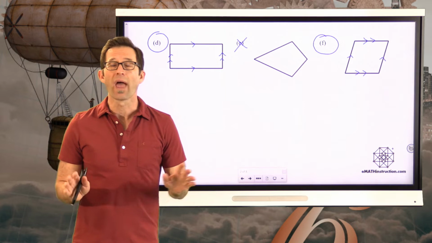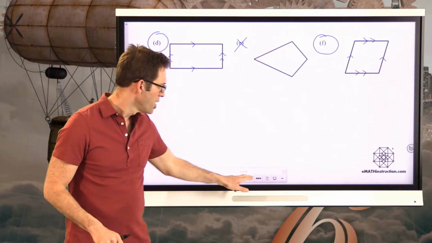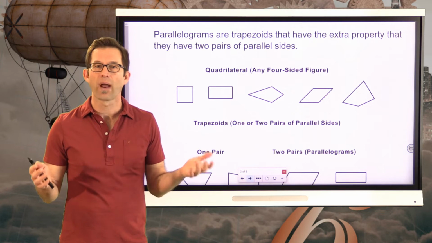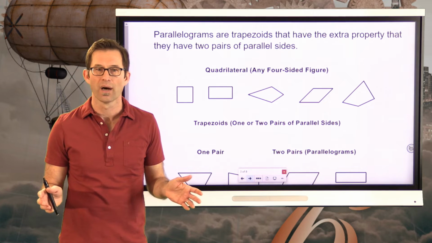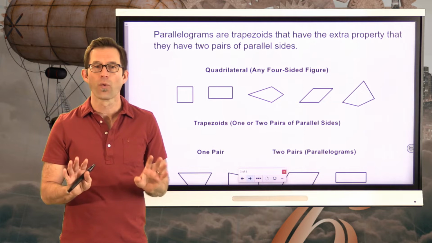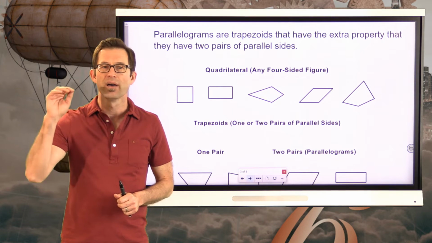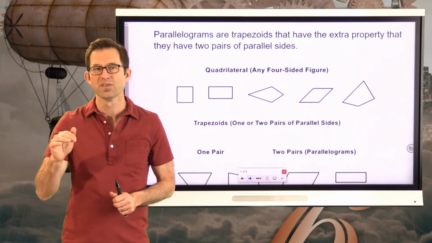All right, so we have to be able to recognize a parallelogram when we see one. And the plain fact is, parallelograms are just trapezoids that have the extra property that they have two pairs of parallel sides. There's a hierarchy in geometry in terms of four-sided figures, kind of like in biology there is with animals, mammals, and different types of species within mammals.